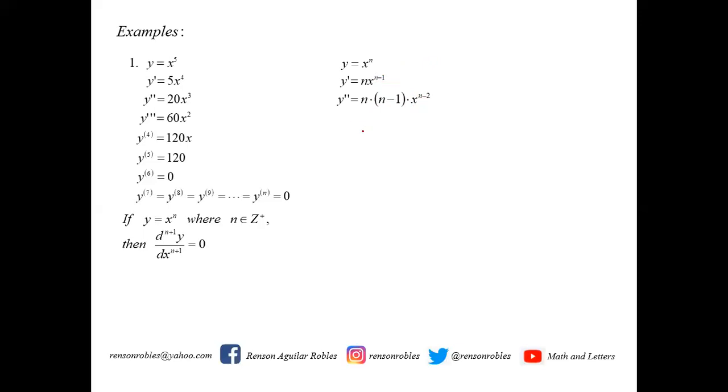Next, for the third derivative, you copy n minus 1, bring this down, copy x, and then you subtract 1 from n minus 2, and that will give you n minus 3. And then as we move along, the fourth derivative is equal to n times n minus 1 times n minus 2 times n minus 3 x raised to n minus 4.